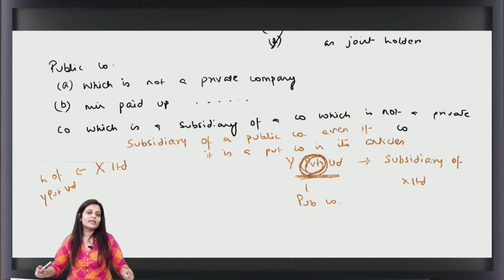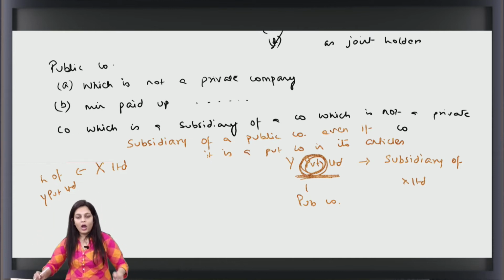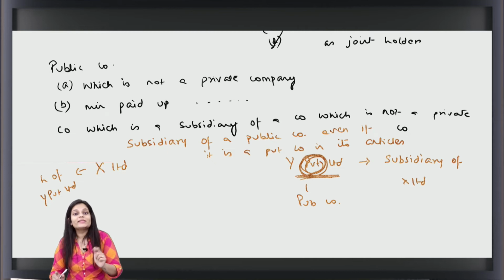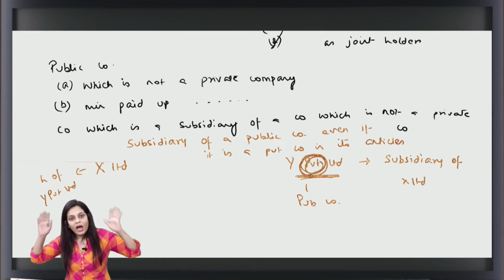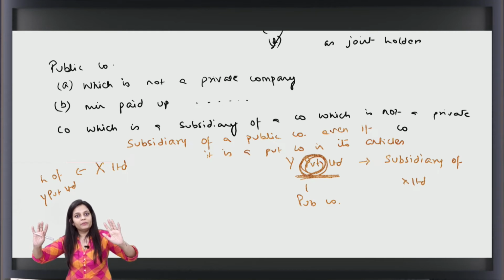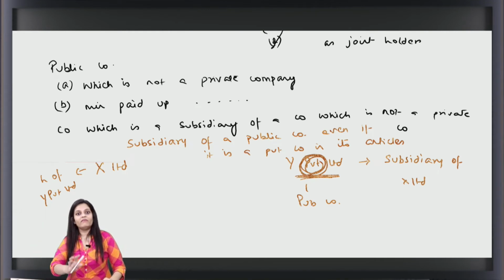It cannot issue shares to the public. It cannot have more than 200 members. Then the provisions of the Companies Act will apply on this company as if it is a public company. In the articles, it is still a private company. The name will have the word private. It cannot issue shares to the public.